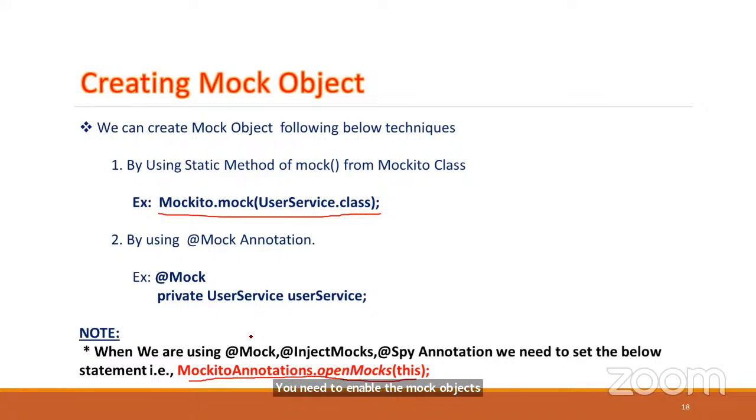Whenever you are using @Mock annotation, @InjectMocks annotation, @Spy annotation, for those annotations you need to enable the Mockito annotations, you need to open the mocks. That is called MockitoAnnotations.openMocks(this) of the current class. Simple. This is how you need to do, sir. Hope you guys are comfortable.